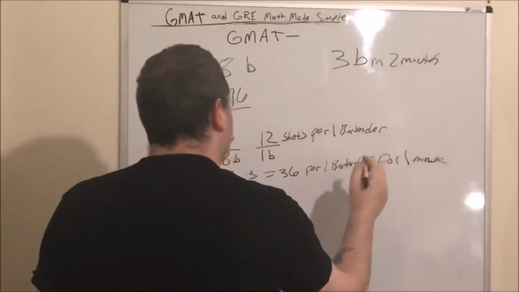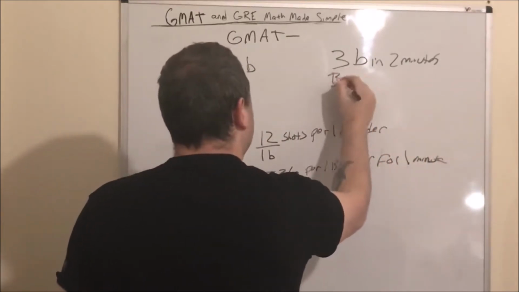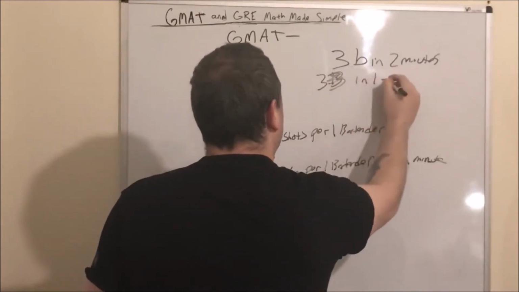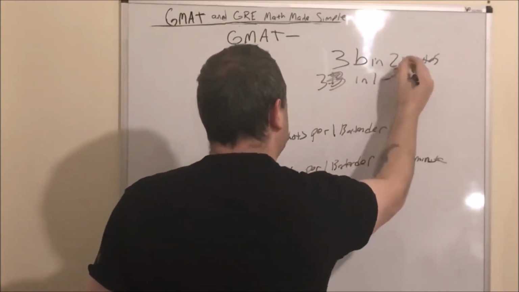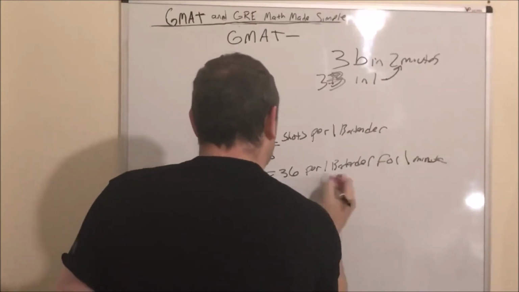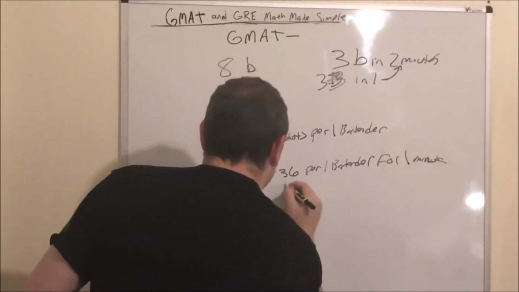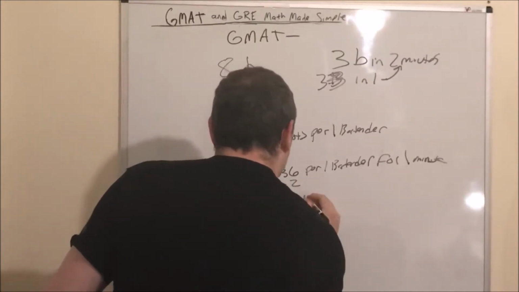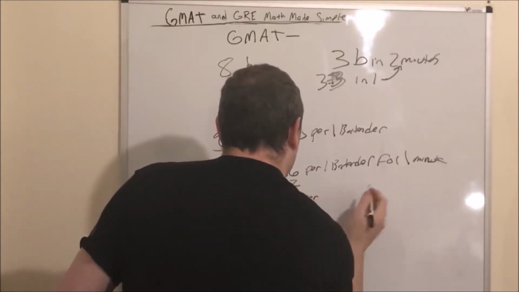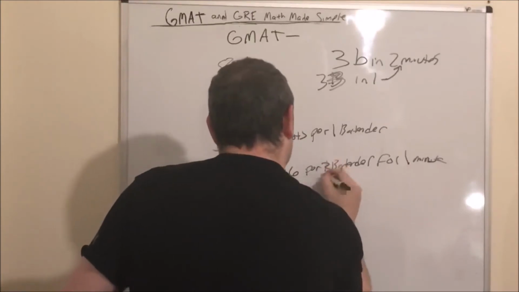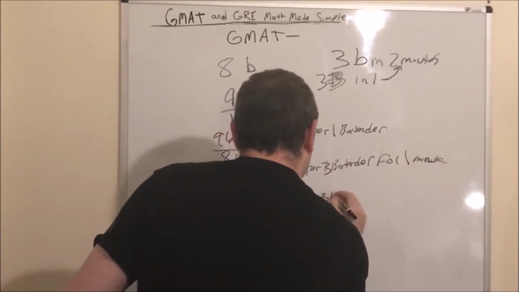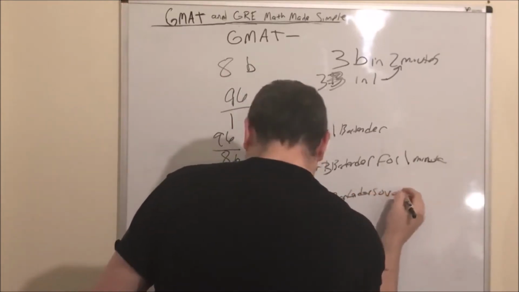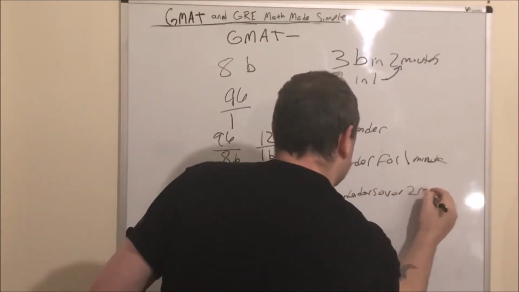So now we have the 36 for the three bartenders in 1 minute. Now we need to transfer it to 2 minutes. Since it's only 1 minute, we'll multiply it by 2, which gives us 72 for 3 bartenders over 2 minutes.